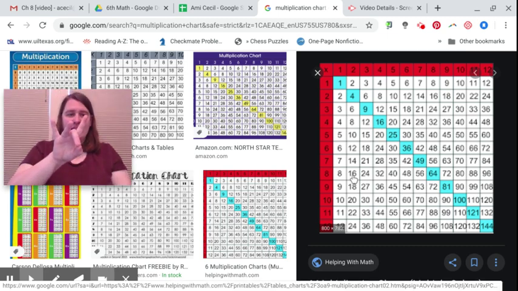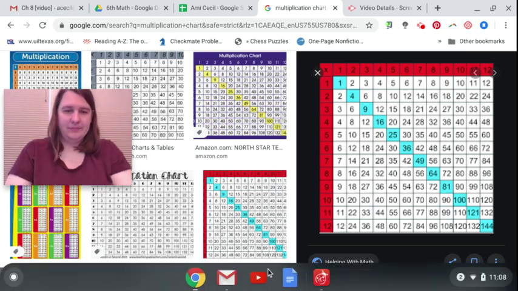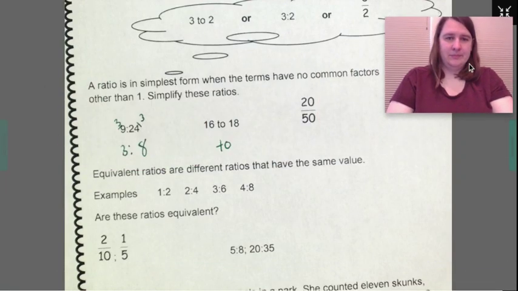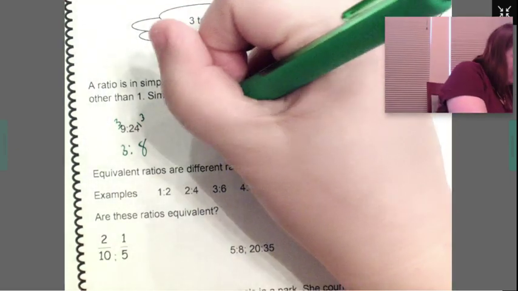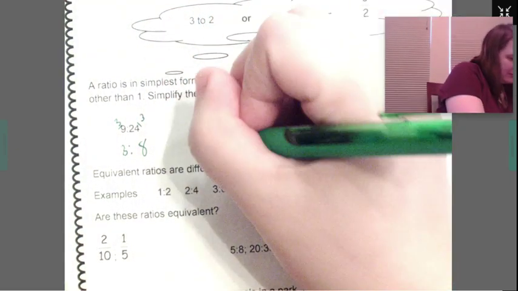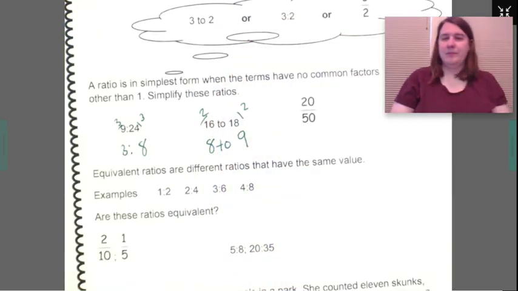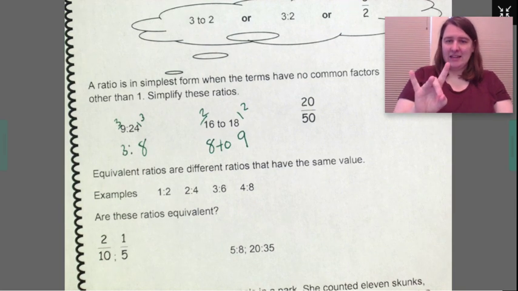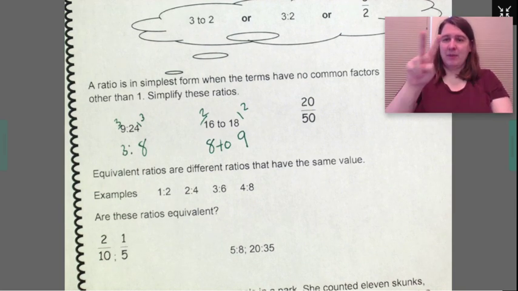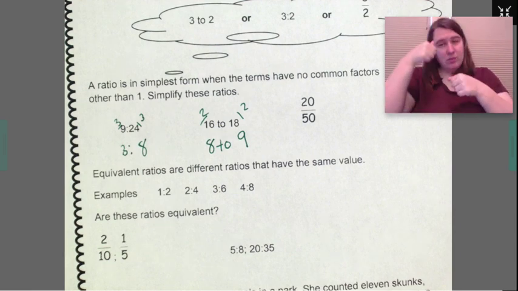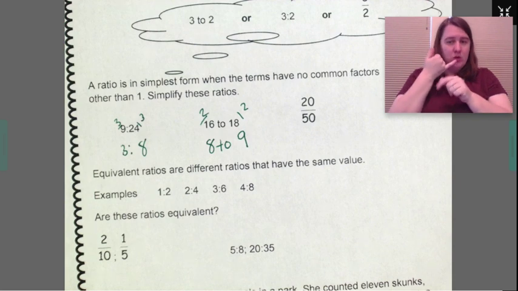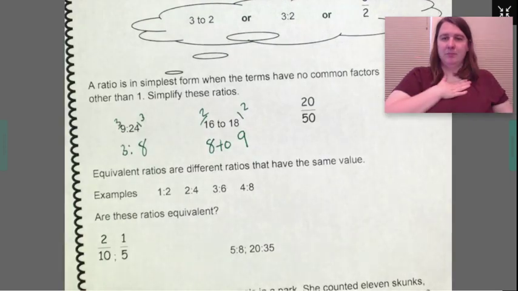I have an 8 and a 9. So 8 to 9, because 16 divided by 2 is 8, and 18 divided by 2 equals 9. If you couldn't remember that, just look at your multiplication chart, or use your phone or your calculator, like mine.